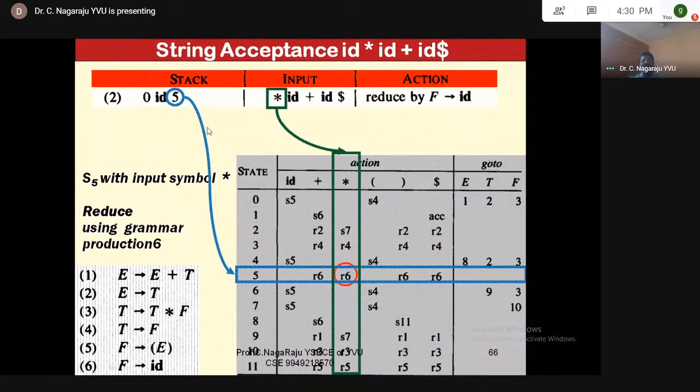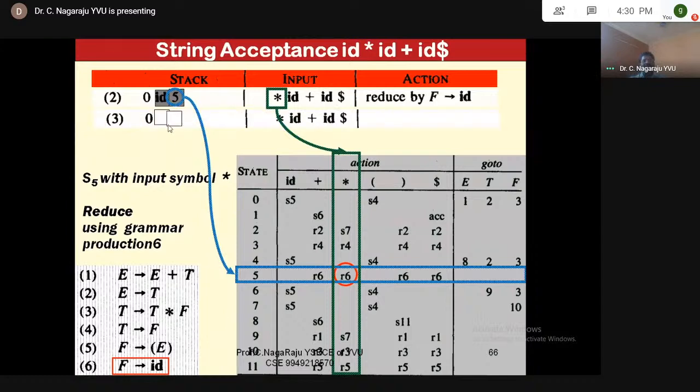So here the reduction R6 means that will be replaced. Suppose F tends to ID; this is R6, so that will be replaced. That means the 5 is replaced with the ID. We are popping the ID value and the state value.